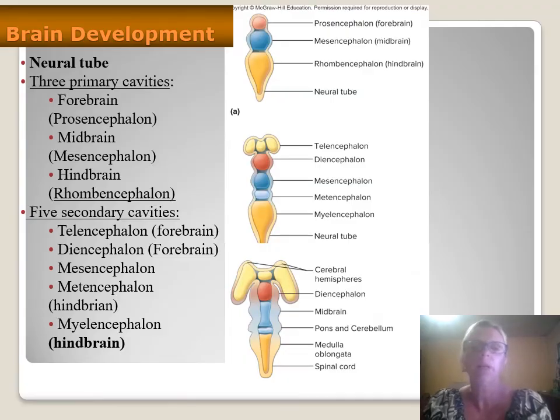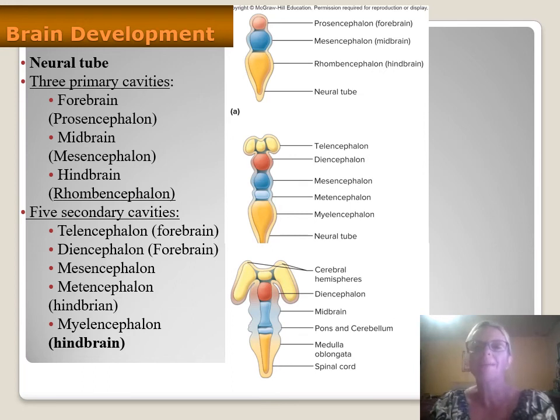So when looking at brain development, and we're talking about embryonic brain development as you are forming the brain in the embryonic stage while it's still in the mother's womb, why would that matter? Why is that important? Well, that is important because you can have defects that occur when this process doesn't occur correctly.